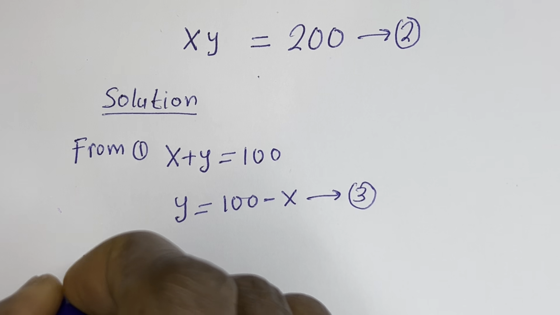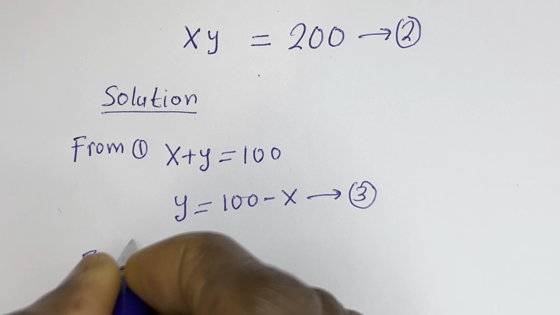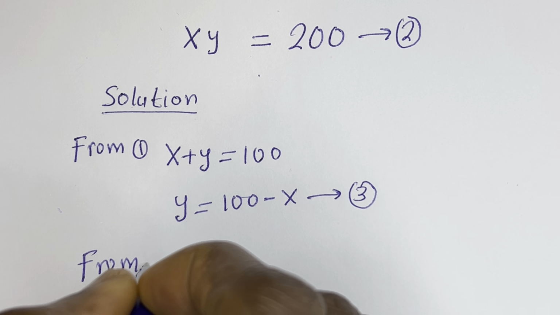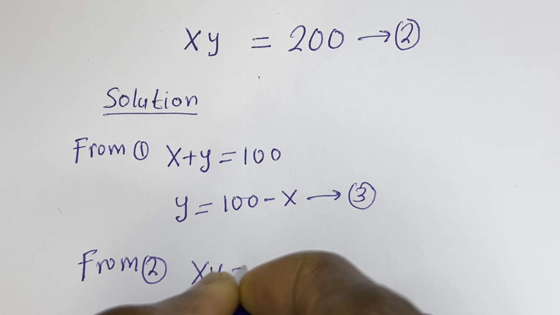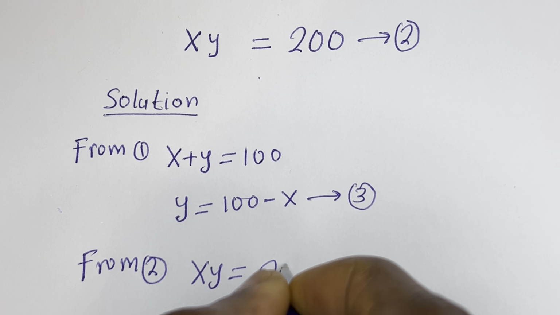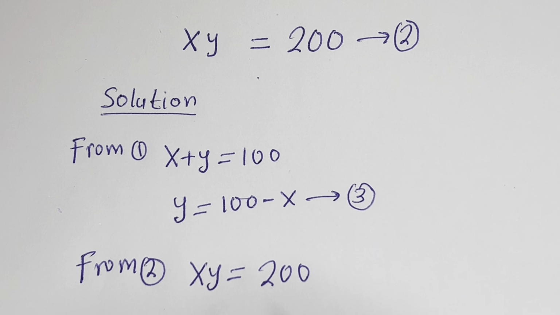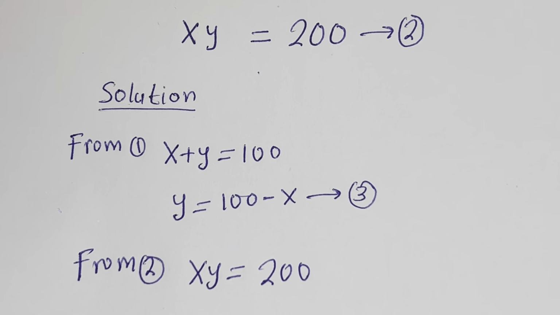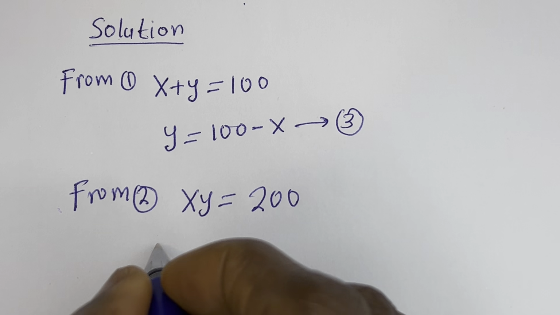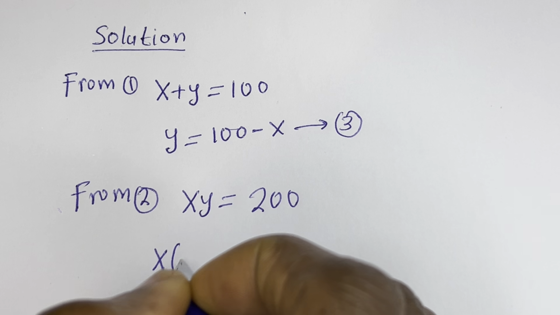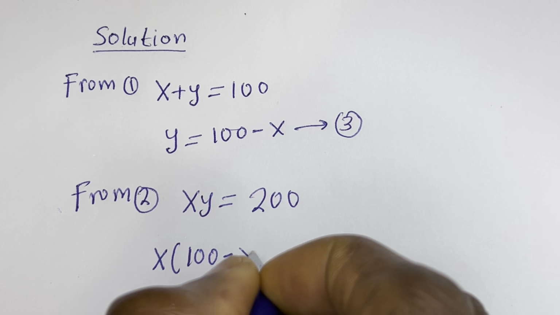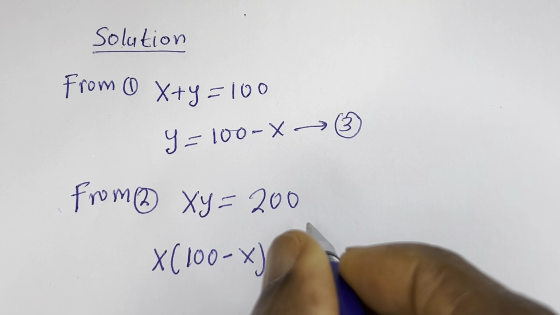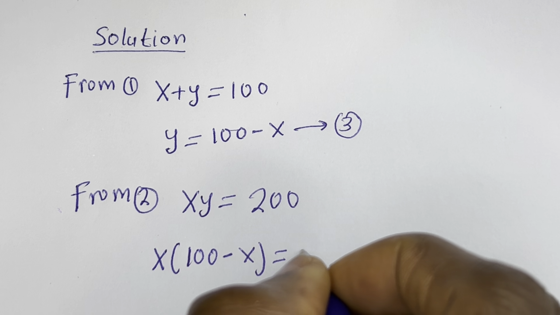Also from equation 2, xy is equal to 200. Then let's substitute for y. Here we have x bracket 100 minus x is equal to 200.